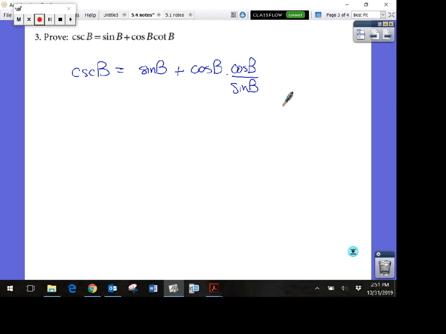And why did I do that? The way I write my reasons, I wrote this line using the ratio ID. That's what I did right there. Okay, I used the ratio ID.